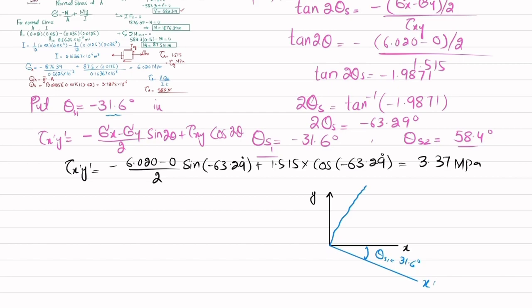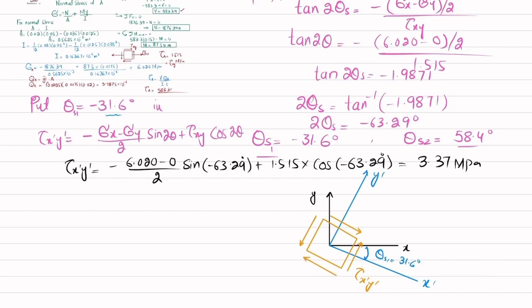So your new axis y dash, or transformed axis, will be this one, and if you draw the element like this, you can see that tau of x dash y dash is positive, so it should be in the upward, positive y dash direction. This is tau of x dash y dash, our maximum in-plane shear stress, clear. So we have represented it on the element.